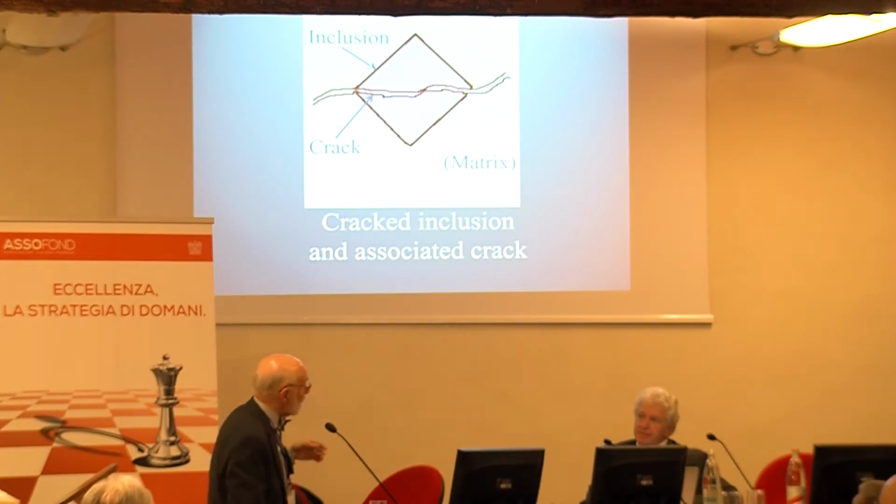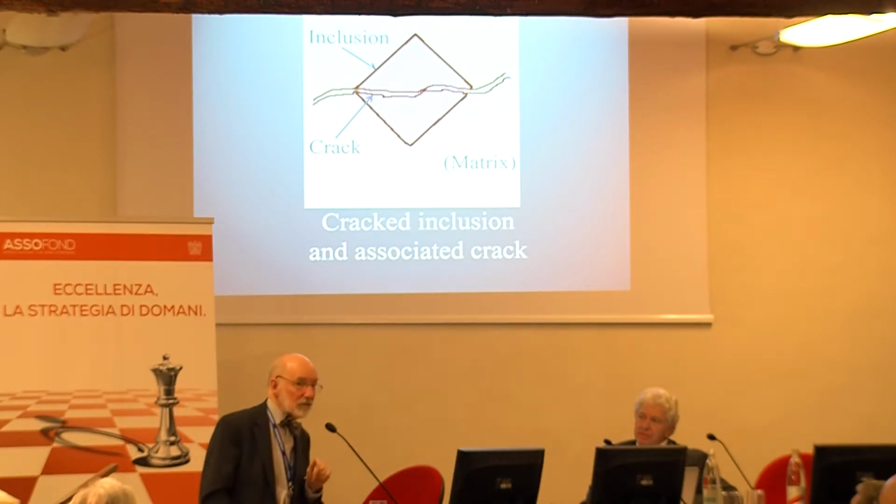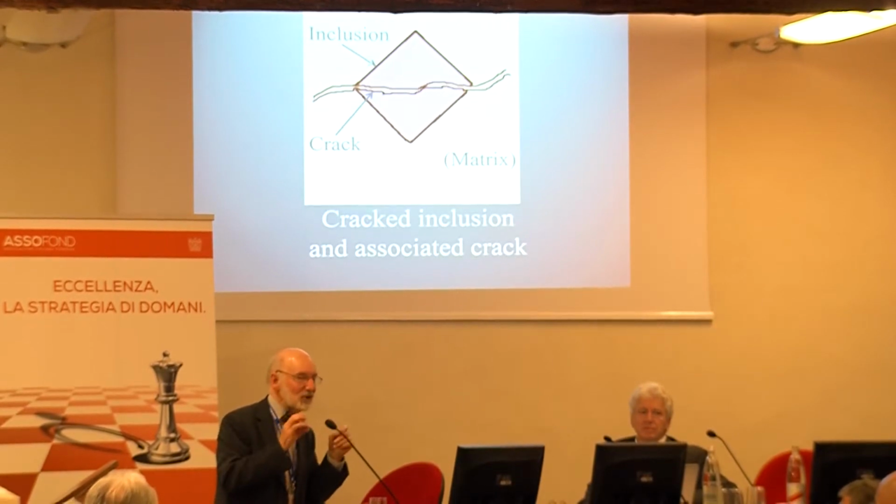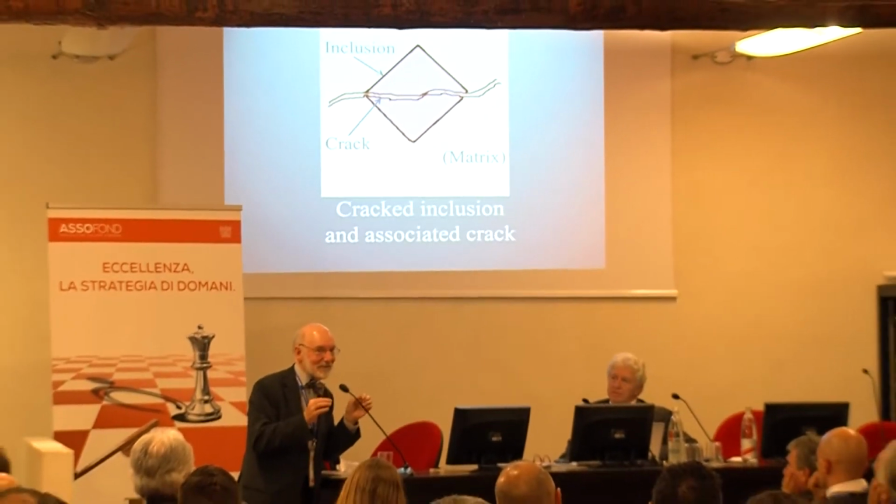Okay? The reality is that the crack is there first, and the inclusion nucleates on the crack, and there's no stress involved at all. Now, that takes some believing, but when you follow it through, the logic is perfect.